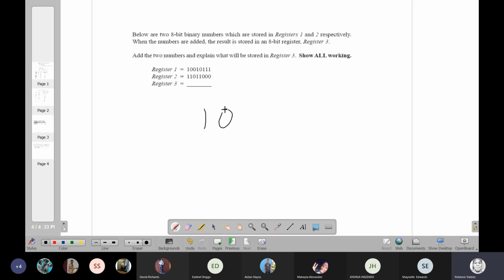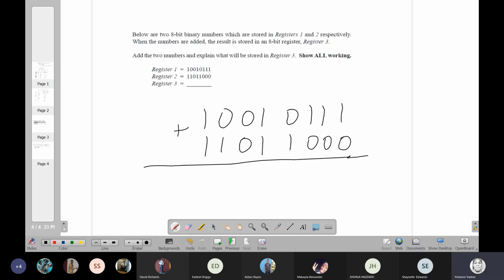So we have 1 0 0 1 0 1 1 1, and we have 1 1 0 1 1 0 0 0. Okay, and we want to add these two numbers, and we know our binary addition, right?